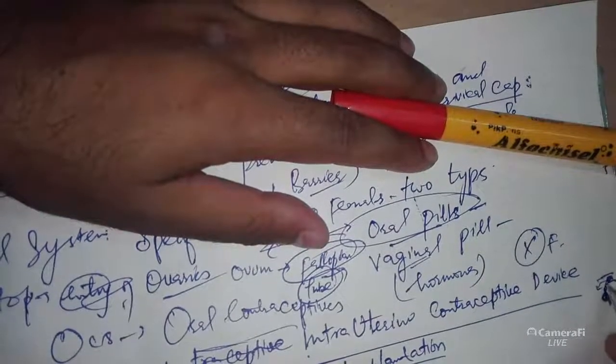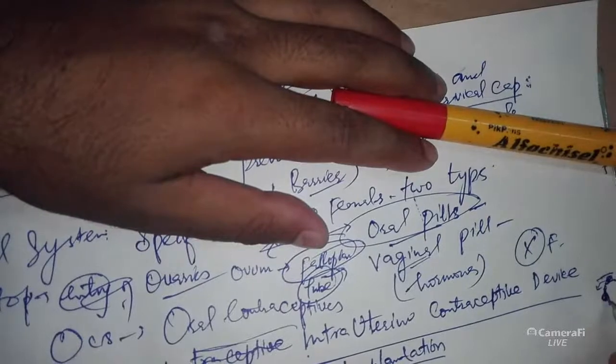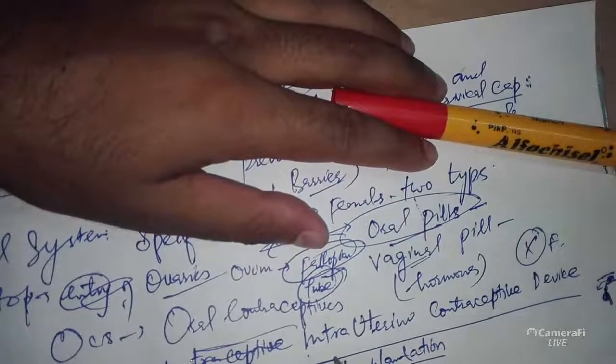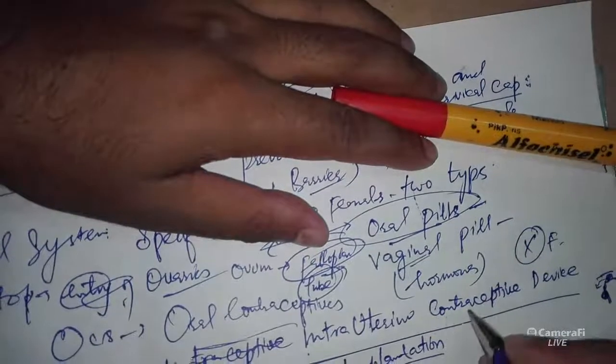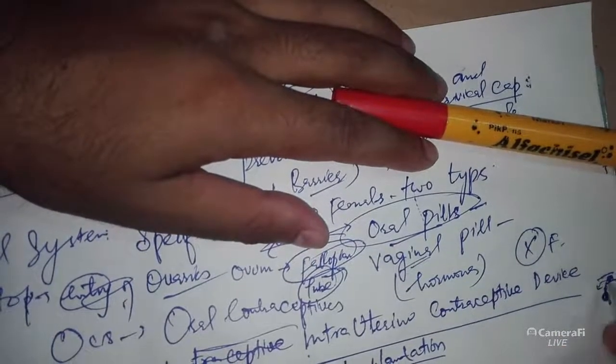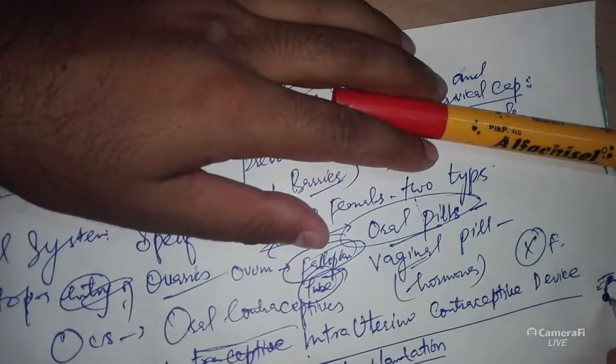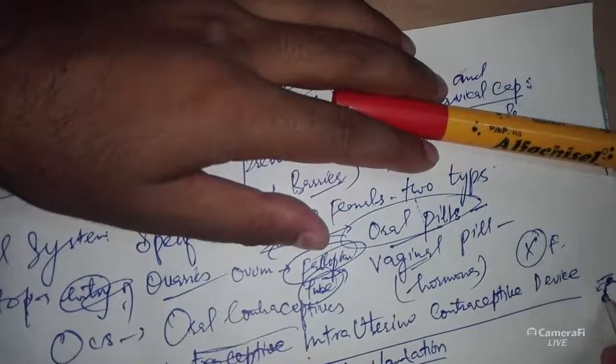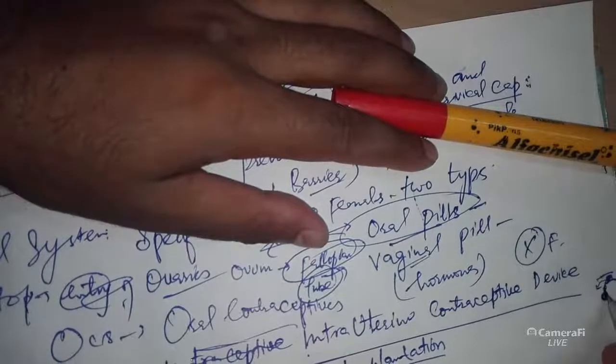This attachment of the zygote with the uterus is called implantation. But with these devices, after fertilization, they do not allow the implantation, that is the attachment of this growing embryo to the uterus.